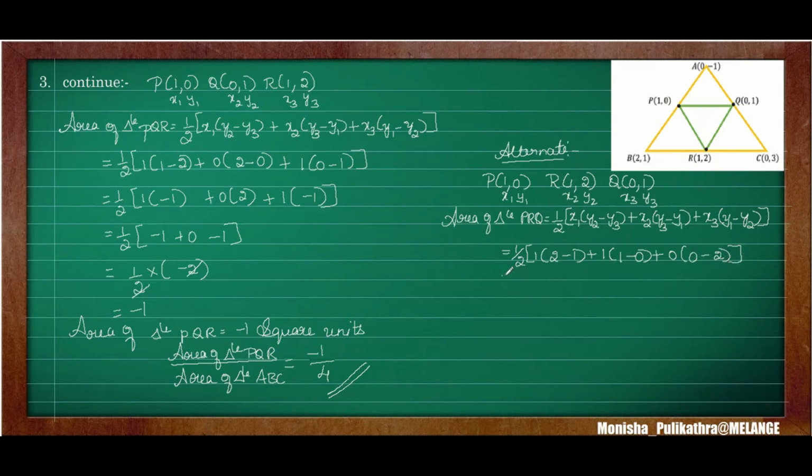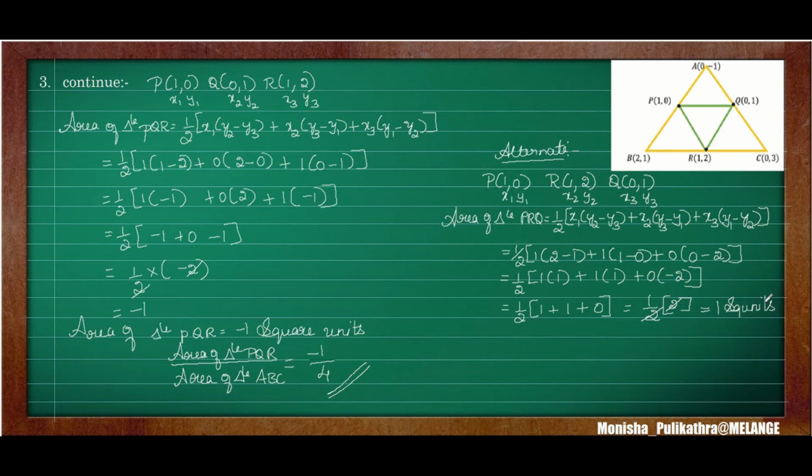So this is the substitution. Let us calculate whatever is inside the bracket. 2 minus 1 is 1, plus 1 into (1 minus 0) is also 1, plus 0 into (0 minus 2) is minus 2. So 1 plus 1 plus 0 into anything is 0 itself. So half into 2. So area of triangle PRQ is 1 square unit.